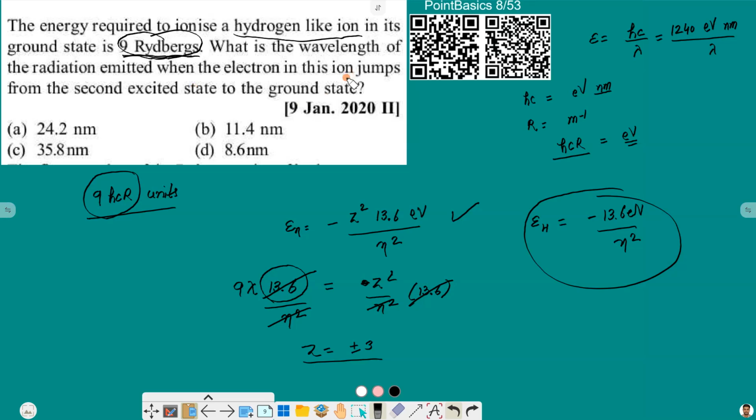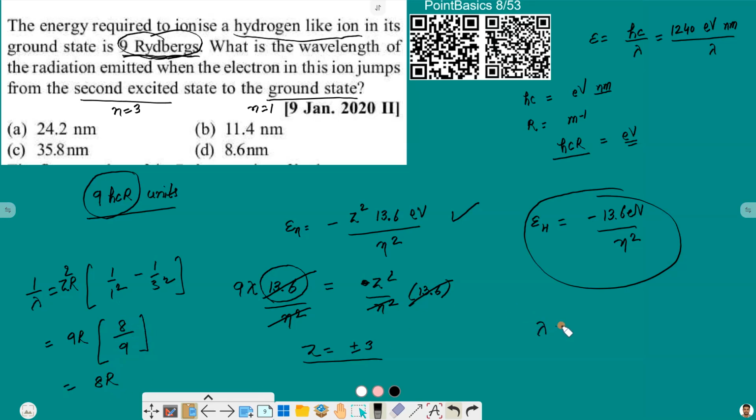Now we have to calculate the wavelength for the transition from the second excited state to the ground state. That means the transition n equals 3 to n equals 1, and for that we will use 1 by lambda equal to Z square R into 1 minus 1 by 3 square. So this will be 9R into 8 by 9, which is basically 8R.